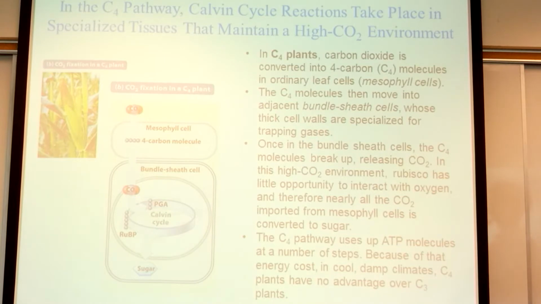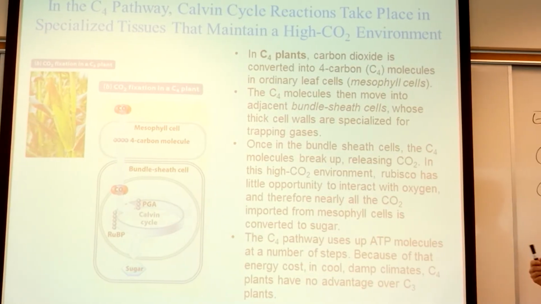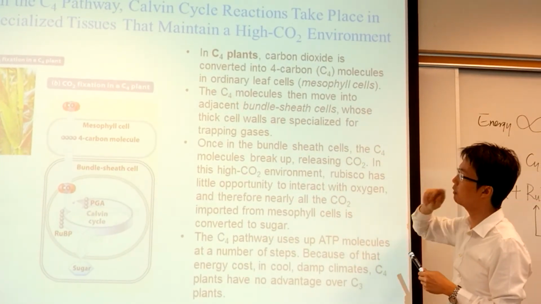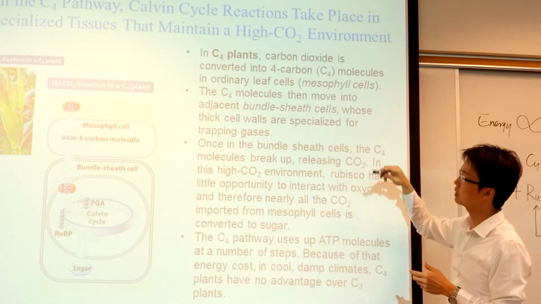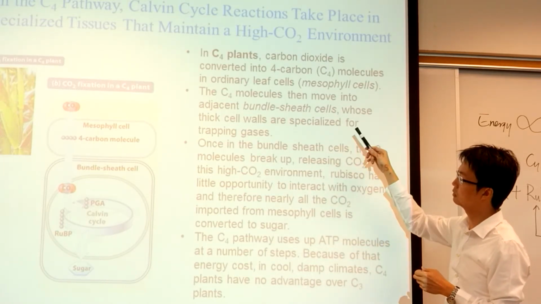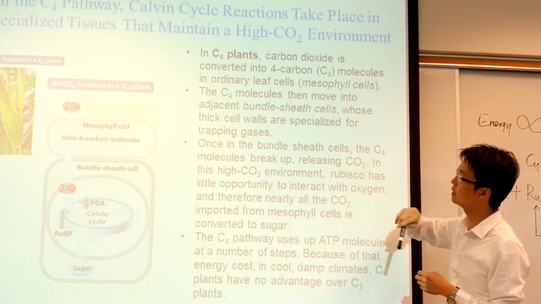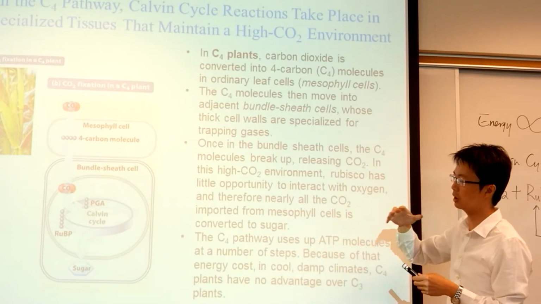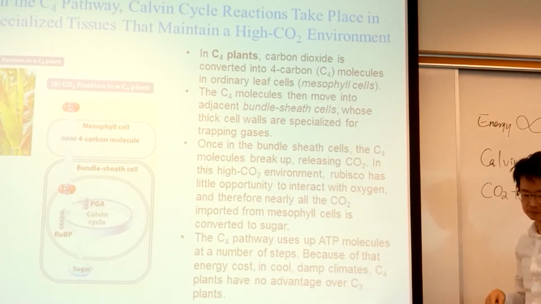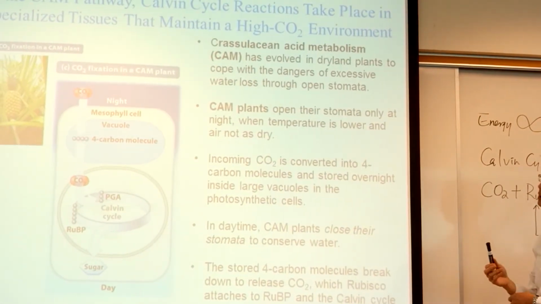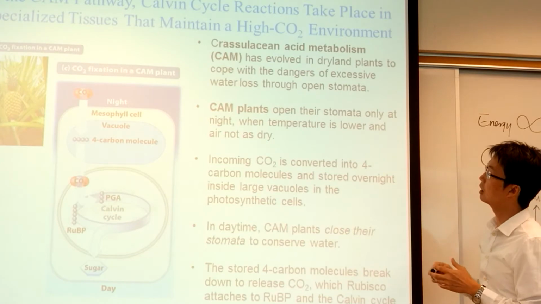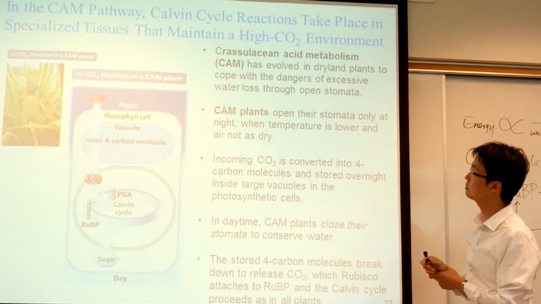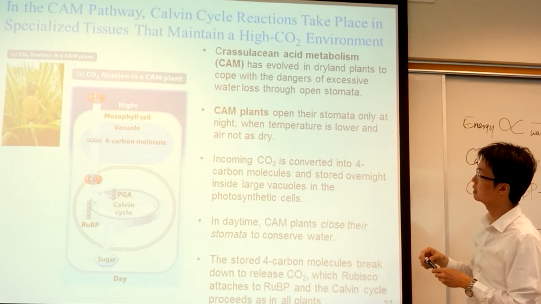So this is the detailed explanation of it. It's basically what I told you. In the C4 plant, carbon dioxide is converted into this 4-carbon molecule in the mesophyll cell, and then they move to something called a bundle sheath cell next to it for trapping gas, so that they can do the Calvin cycle there. CAM plants are specialized for dryland habitats, for example cactus.